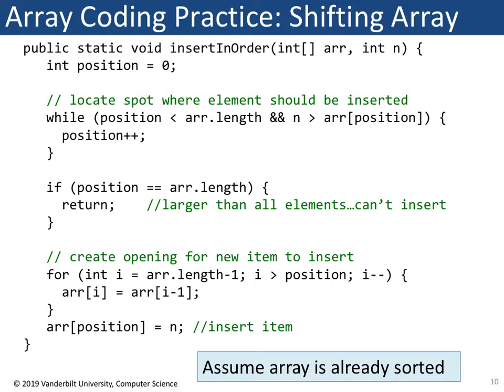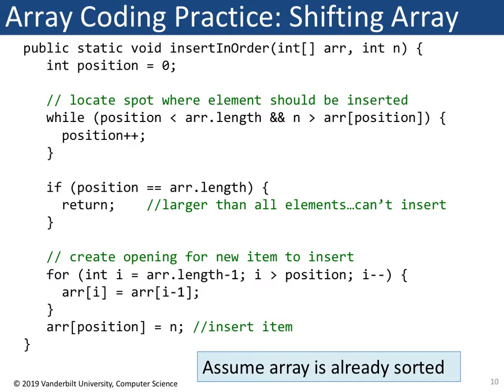Then we have a while loop that we're going to use to figure out where we should insert this value. We're going to process this while loop as long as our position is less than array length, because we don't want to try to access an element beyond the end of the array. That's a runtime error. So we need to make sure we're not going past the end of the array length.